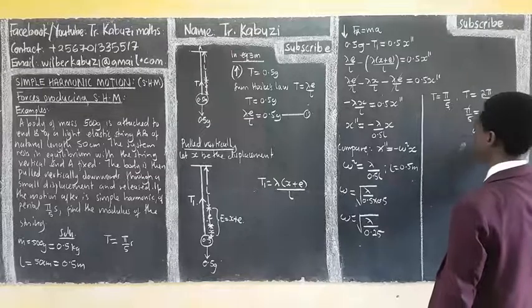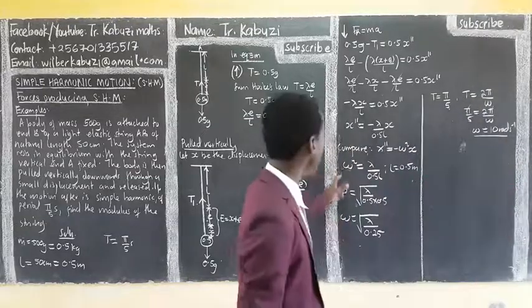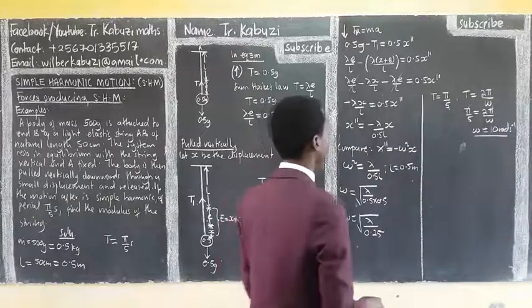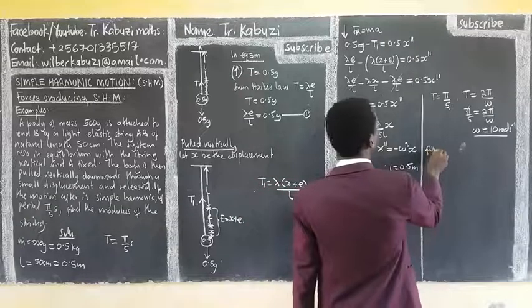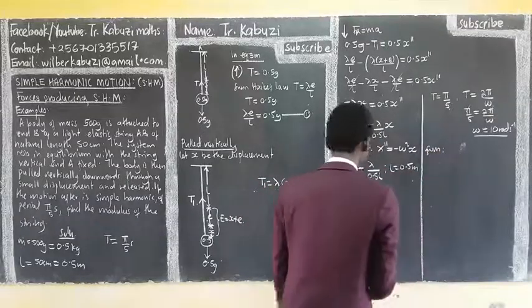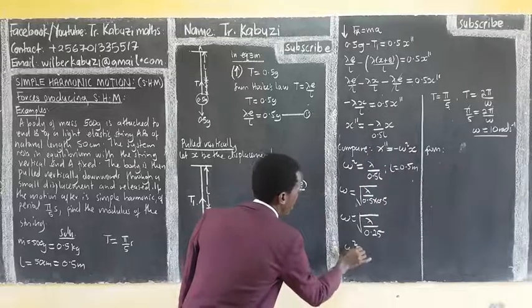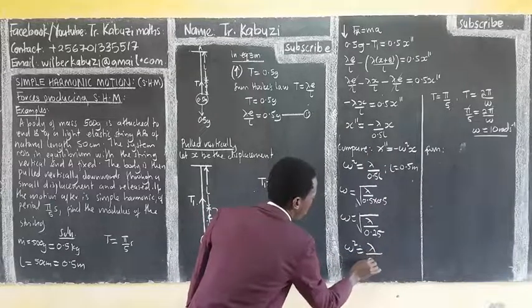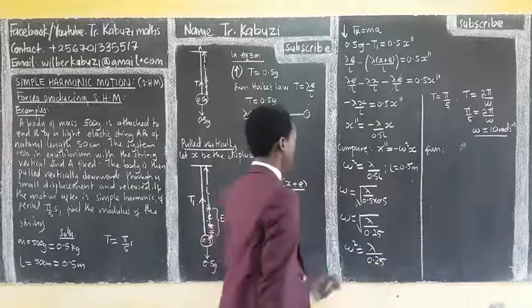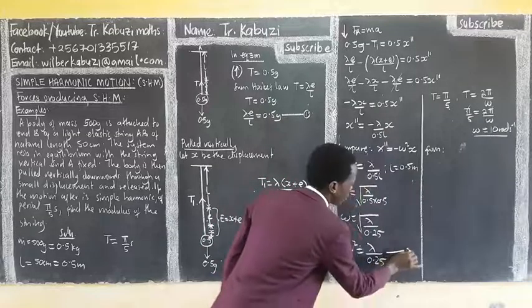Now I can simply come and substitute it there. From here, omega squared equals lambda over 0.25. Let me call this equation 2.